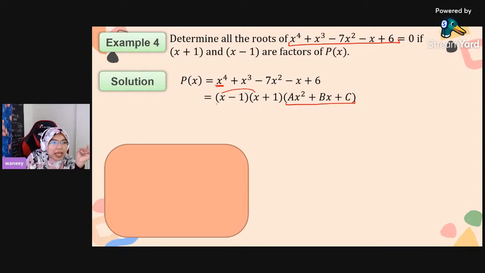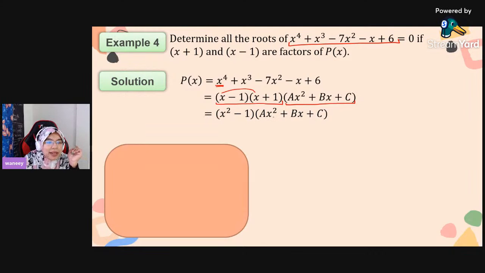So what happens next is that I will multiply these two together. So I will have x squared minus 1 multiplied with ax squared plus bx plus c. Now there are two methods to solve this. You can do the long division just like what we did in example 2 and example 3, or I'll teach you another one, which is called comparing coefficients.